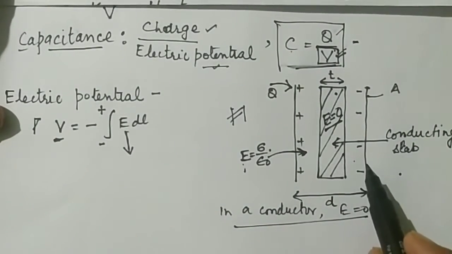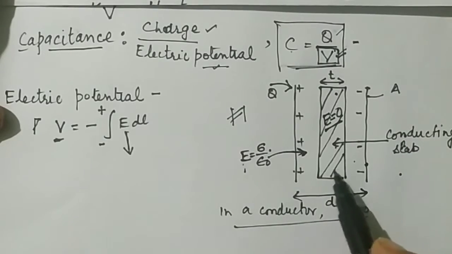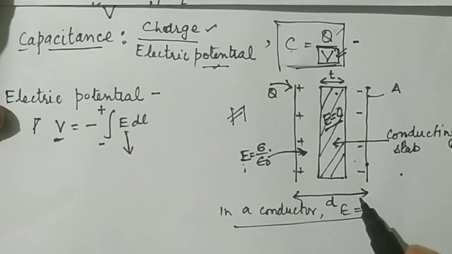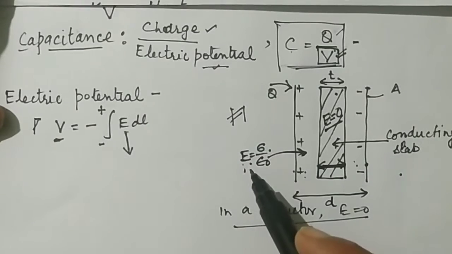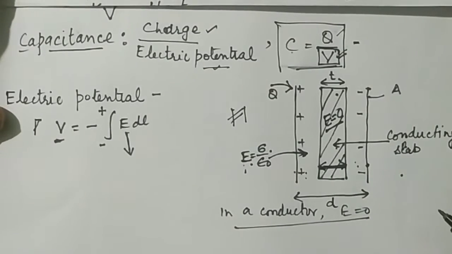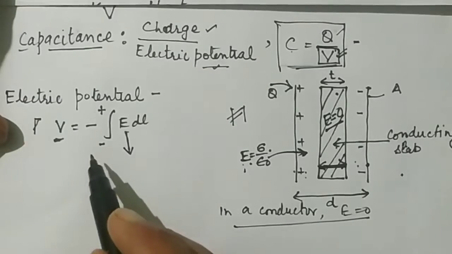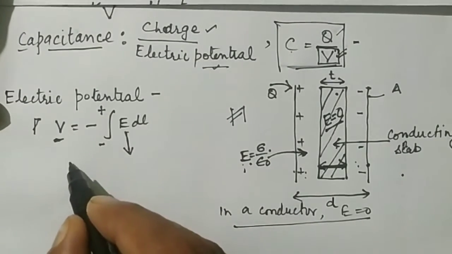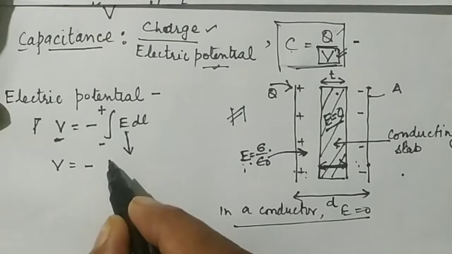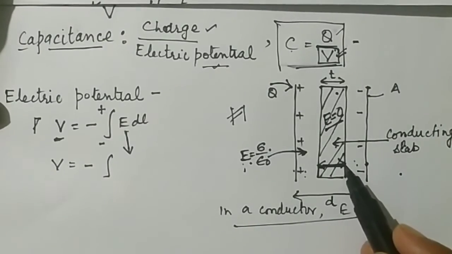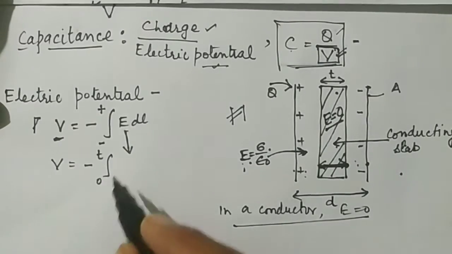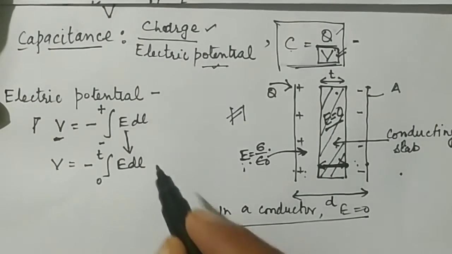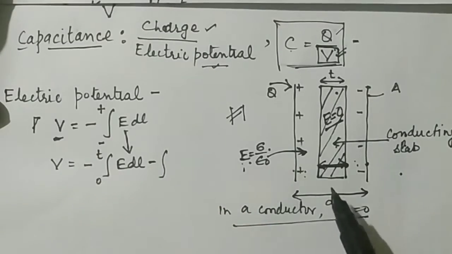So while moving from the negative to the positive plate, there are two regions of different electric fields. One region, the slab, where the electric field is 0, and the outside region where the electric field is E equal to sigma by epsilon naught. So I divide this integral into two parts. The first part is over the slab, from 0 to t, of E dl, minus the rest part.